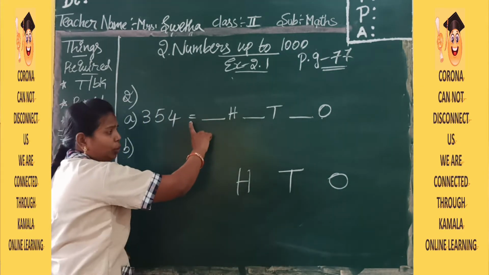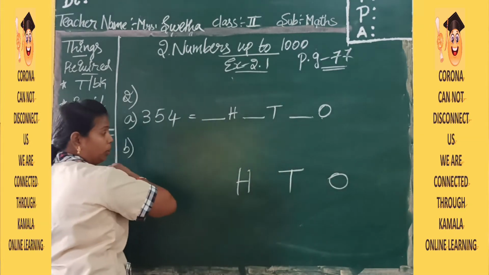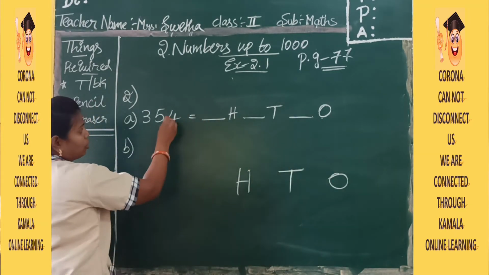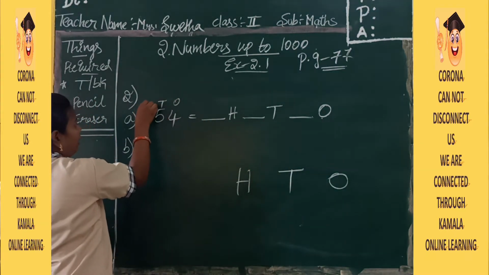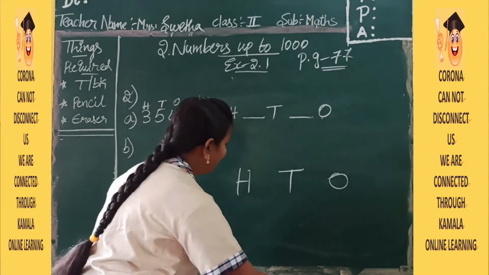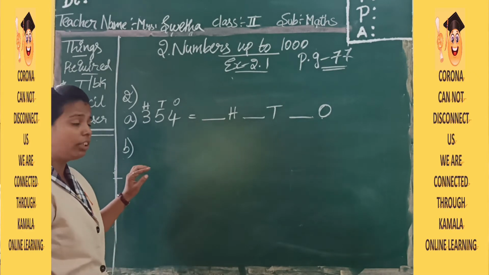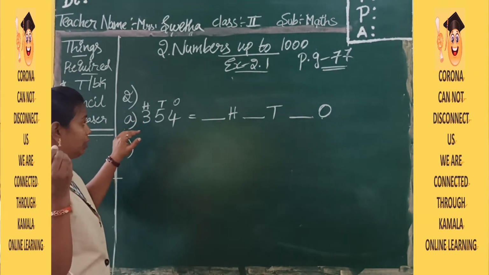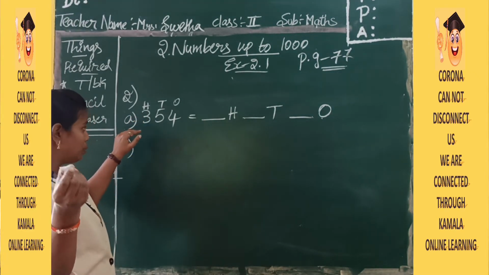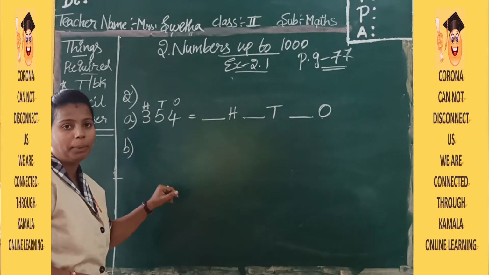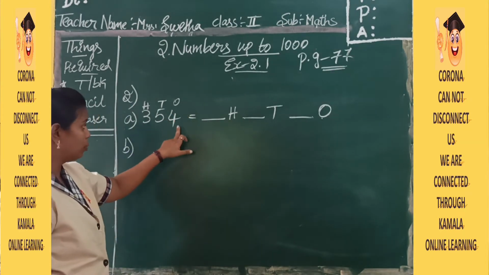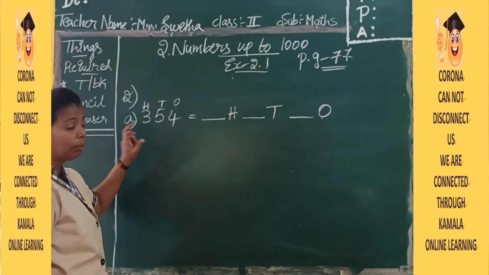If you write them on the top of the number, it makes it very easy to write the answer. You can also write in your term book in very small letters on the top of the number. How will you write? First number as ones, next number tens, next number hundreds.